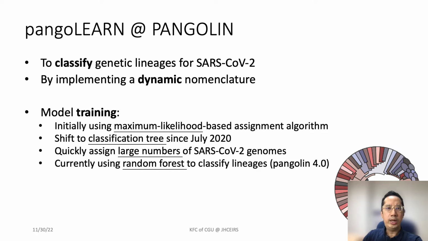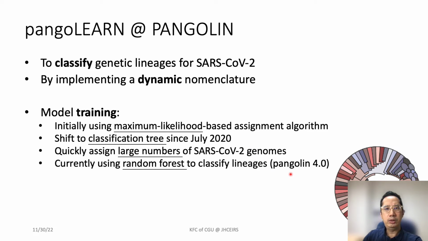They initially trained the model with a conventional maximum likelihood-based assignment algorithm, which is used for conventional phylogenetic tree development. Then in July 2020, because a large number of genomes were identified and submitted to the global system, they had to shift to a classification tree to speed up the classification process.